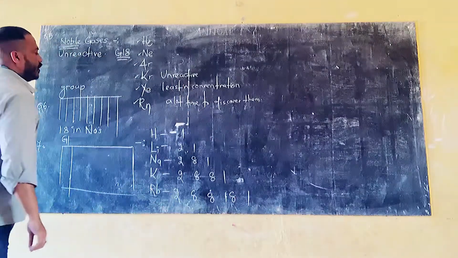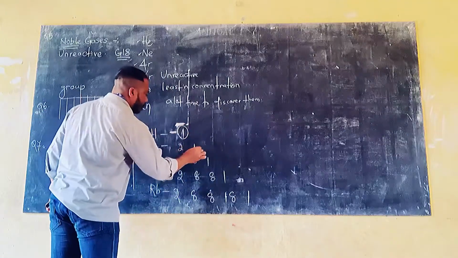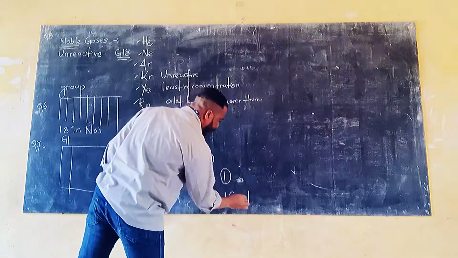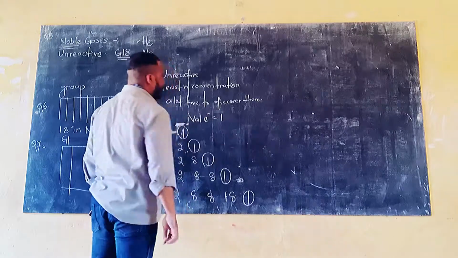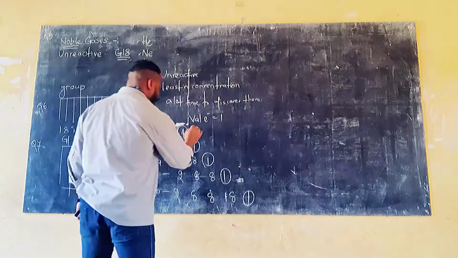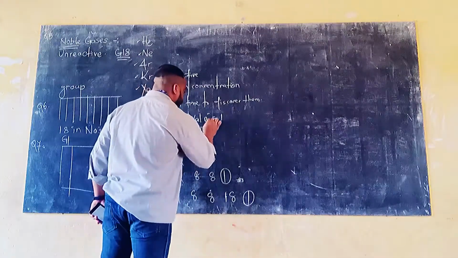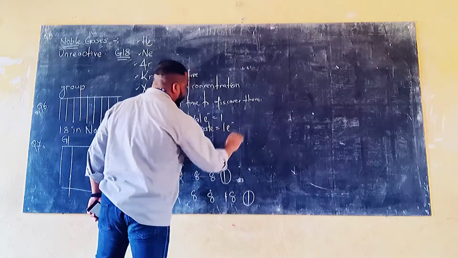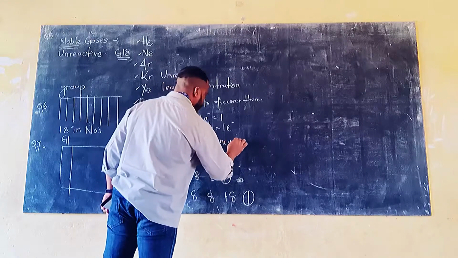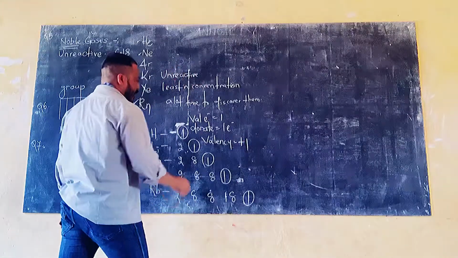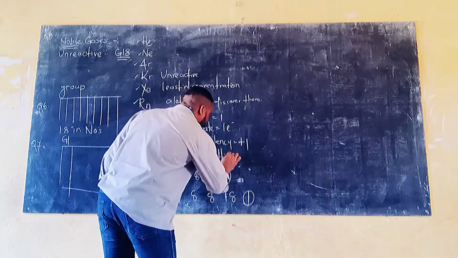Clear? So see, valence electrons, 1 in number. They can donate only 1 electron, and their valency is definitely +1, and they are highly reactive in nature.